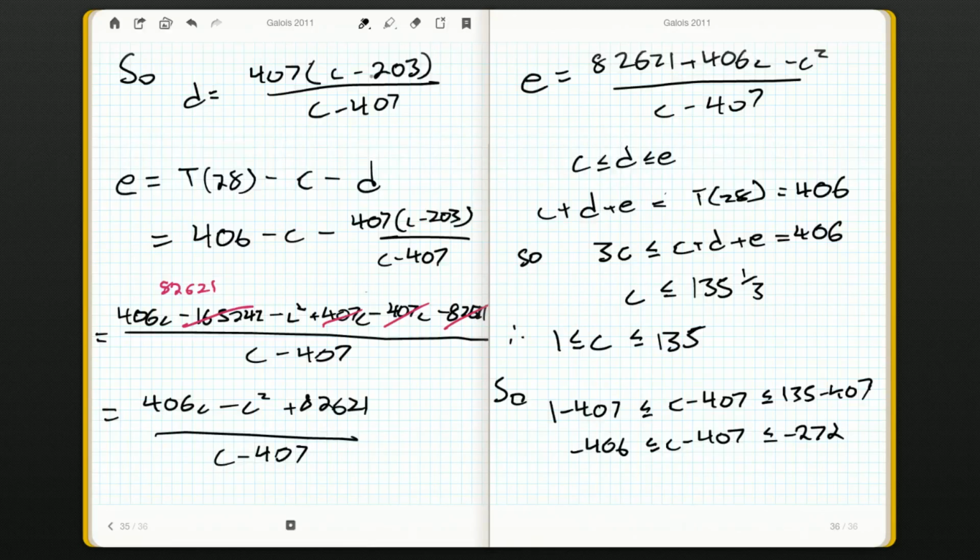So the problem here is that c minus 203, I feel like these guys should have no factors in common. In which case we need c minus 407 to have factors in common with 407. That's the thinking here.